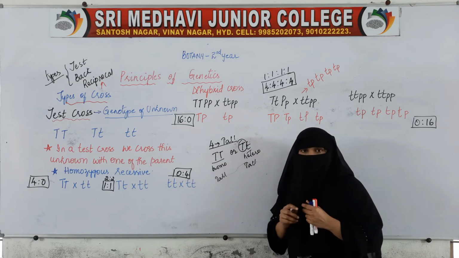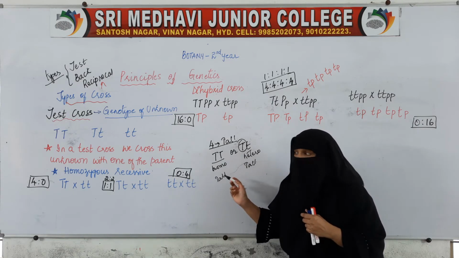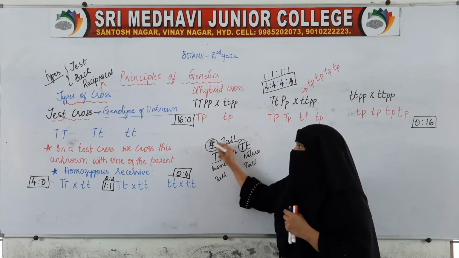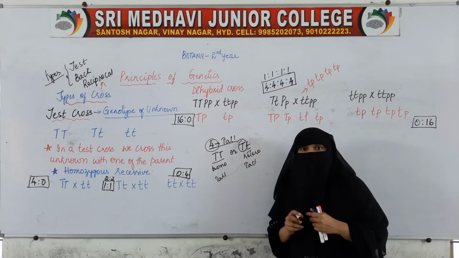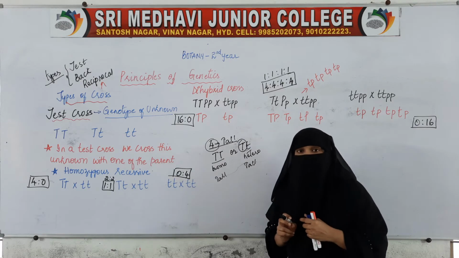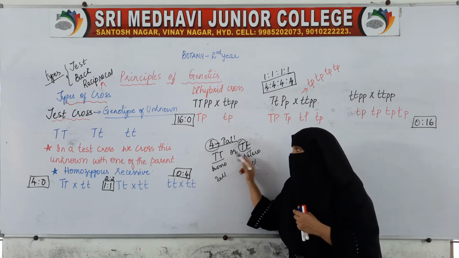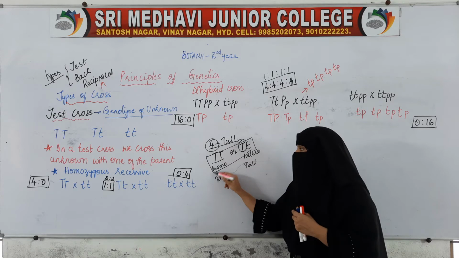So we will get all four tall plants. Then what is the genotype we are getting these four tall plants from? We are getting tall plants, but from what type of genotype? So we have to know this genotype.